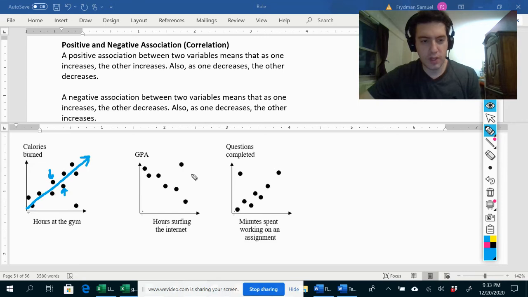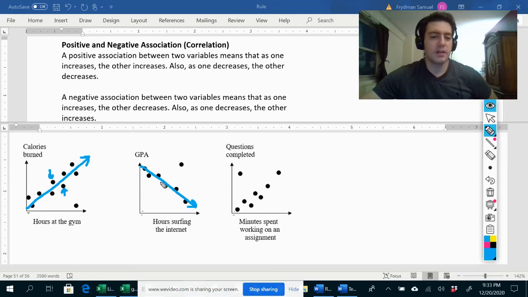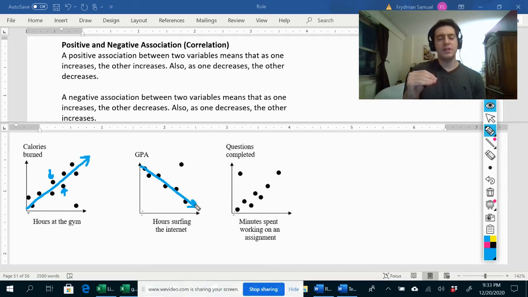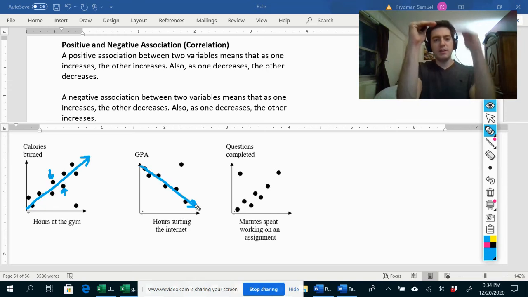So if I were to draw a trend line through these dots over here, we can see that generally speaking, if a person spends more time surfing the internet, moving this way on the x-axis, you can see that their GPA is going down, down, down, down, down, right? So that would be a negative correlation. As the hours surfing the internet increase, the GPA decreases.